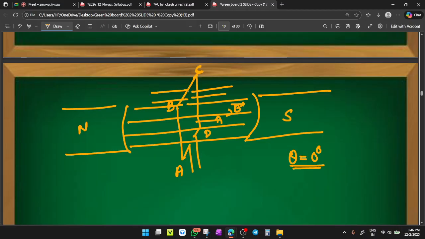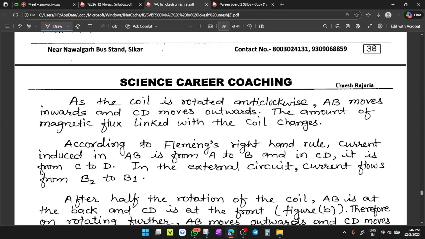As the coil rotates this way, this is the axle and your coil is rotating here. Slowly this point turns here and this point turns here. After some time A will come here and B will be here. As the coil is rotated anticlockwise, AB moves inward and CD moves outward.